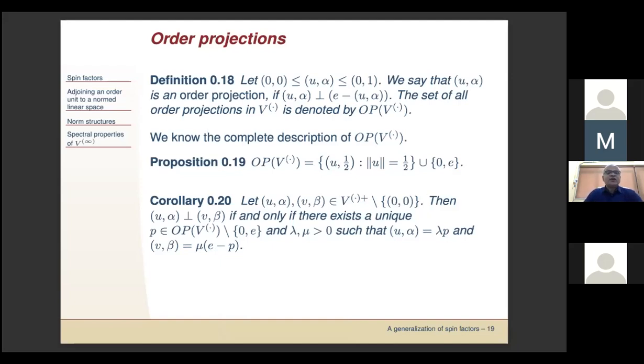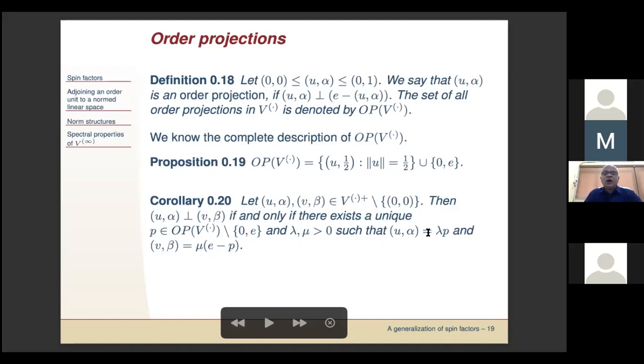A quick corollary of this proposition is that if you take two non-zero positive vector pairs (u, alpha) and (v, beta), then (u, alpha) is orthogonal to (v, beta) if and only if we get an order projection P, other than identity and 0, and some positive numbers lambda and mu, so that (u, alpha) is lambda times P and (v, beta) is mu times (e minus P).